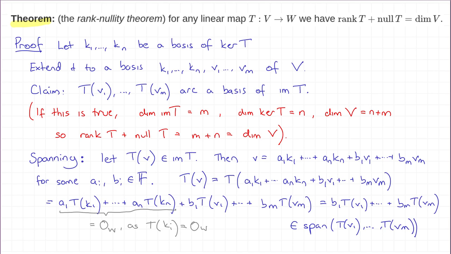We have proved that every element of the image of T can be written as a linear combination of T of v1 up to T of vm, and therefore that T of v1 up to T of vm is a spanning set for the image of T.